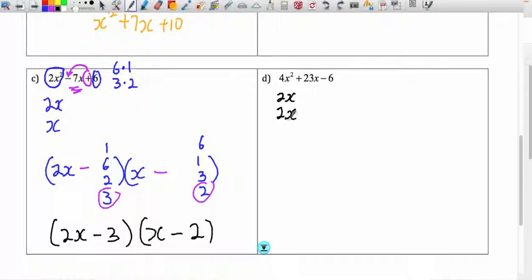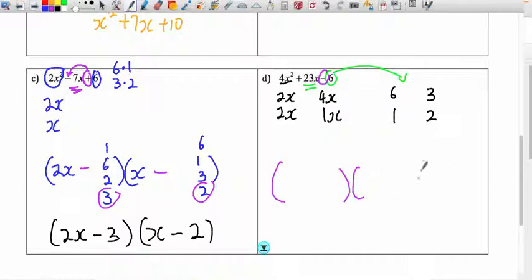We have 2x and 2x, 4x and 1x are our possibilities for the 4x squared term, and then of course 6 and 1 and 3 and 2 are the possibilities for the factors of 6. Okay, and we're going to have to figure out which combination of these can get us to plus 23x, and then we've also got the added complication of the signs being different. So quite a complicated trinomial in this case.